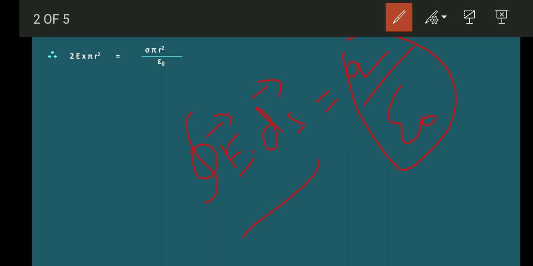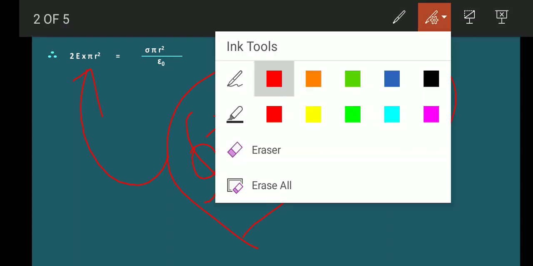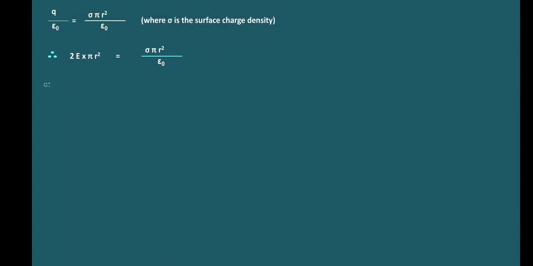The integration over a closed surface E vector dot ds vector, we calculated as 2E pi r square. So let me substitute the known values and equate the terms. You will get, in this term, pi r square and pi r square get cancelled.